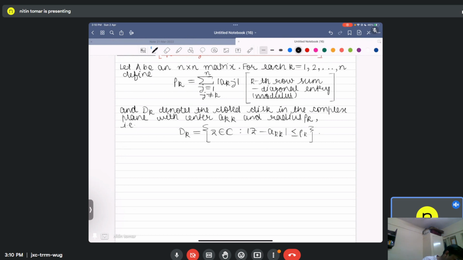So the conclusion is that each eigenvalue of A lies in one of the disks.